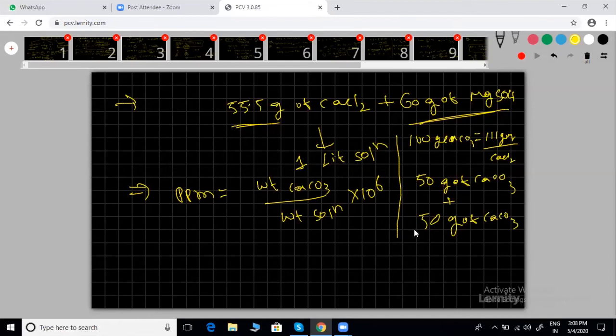So what is the total weight of CaCO3 we are getting here? 100 grams of CaCO3. Substitute here. Total is 100 grams of CaCO3. Weight of solution how much? This is per liter as given. So this is 1000 into 10 power 6. This is common, 10 power 6. Now calculate.